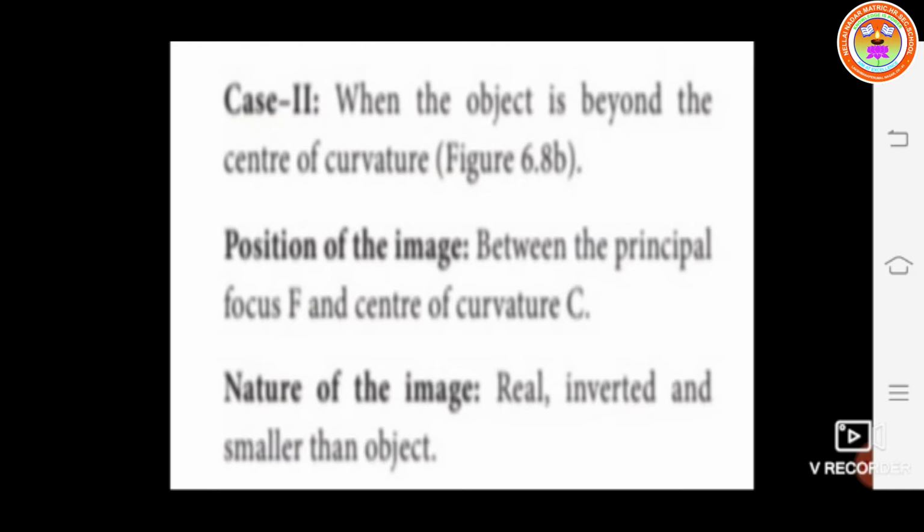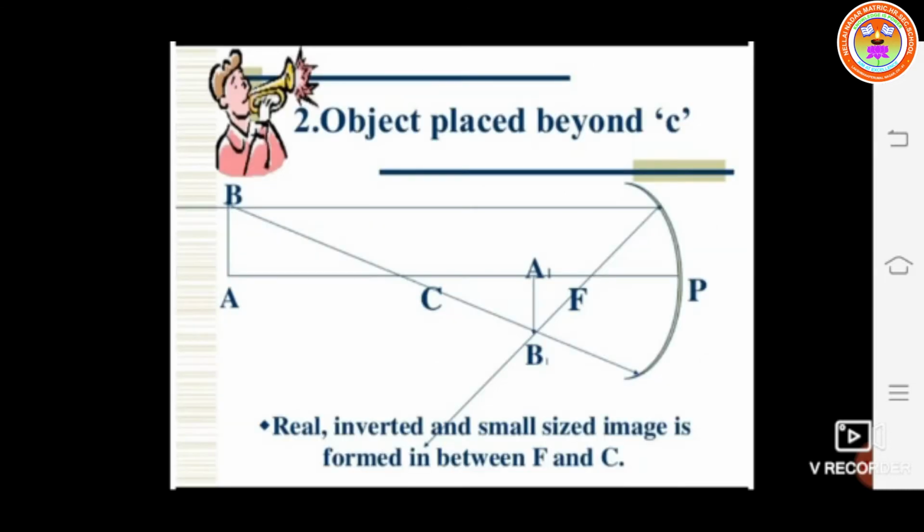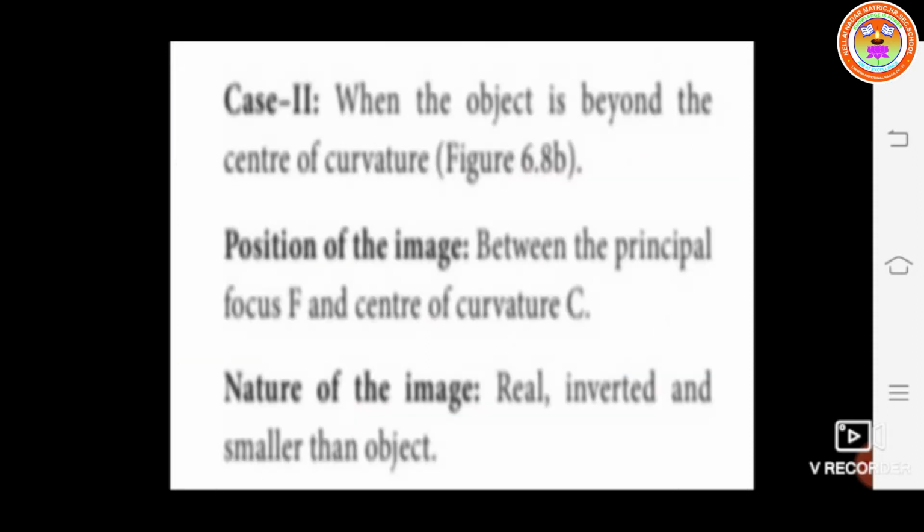Case 2: when the object is beyond the center of curvature. This is the center of curvature, and the object is placed beyond it. The position of the image is between the principal focus and the center of curvature.